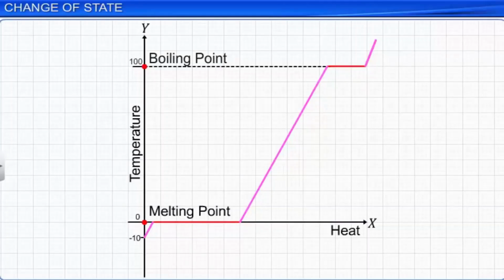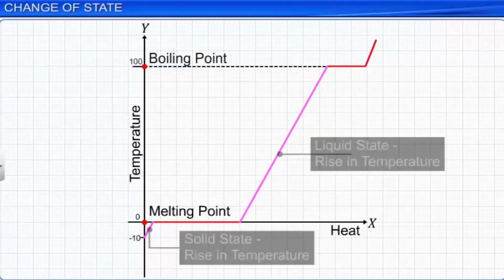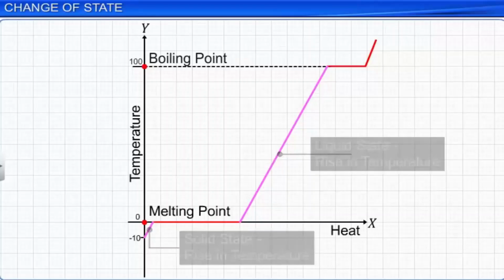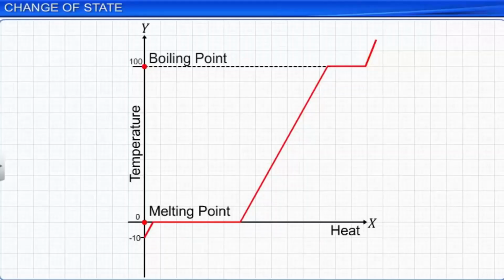The inclined portions of the graph correspond to a particular state of the substance. The slopes of the inclined portions are not equal. This means a substance will have different specific heat capacities in different states. The temperatures corresponding to parallel portions of the graph correspond to melting and boiling points.